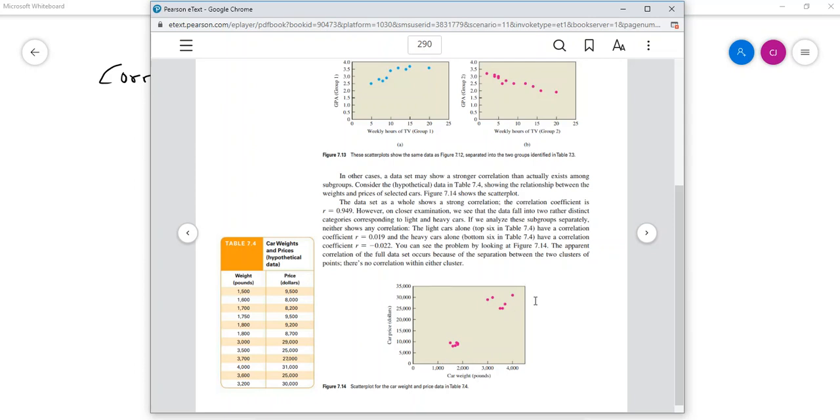Well, the reality of it is, again, these more expensive cars are cars like maybe a Lexus or Infiniti or Mercedes or something. These might be higher priced just because they're of a certain brand. So brand would be considered an extraneous variable affecting the price of the car way more than how much the car weighs.